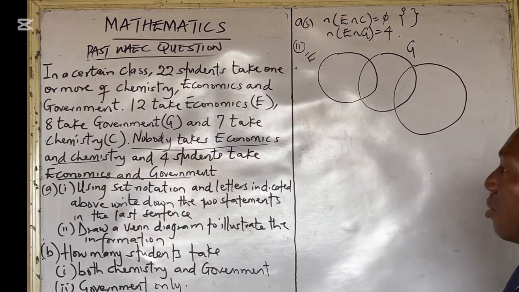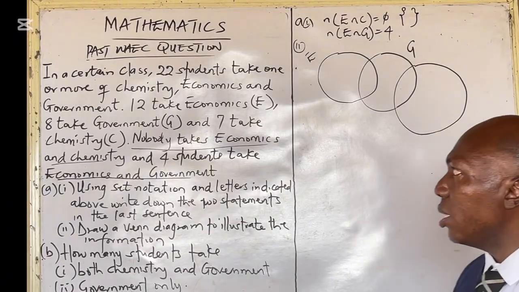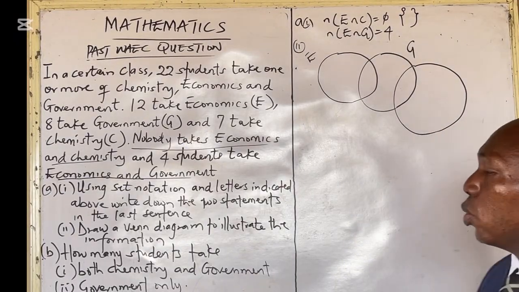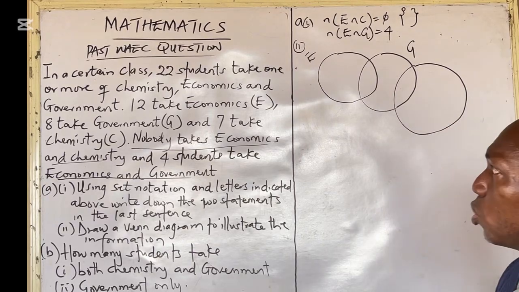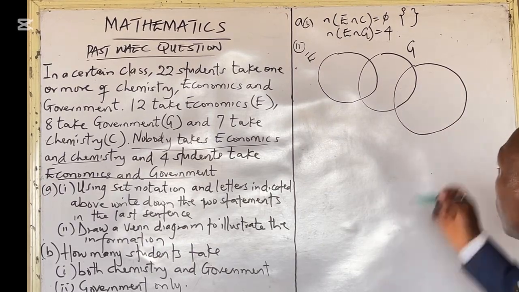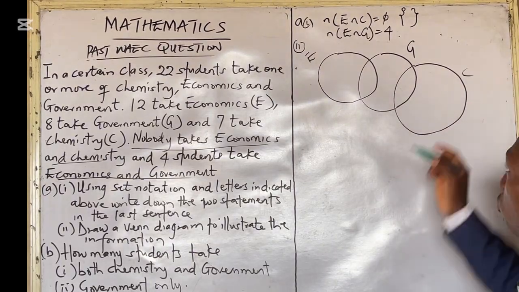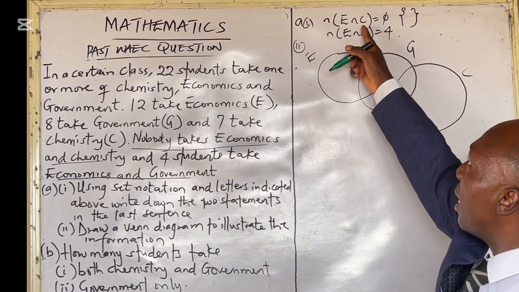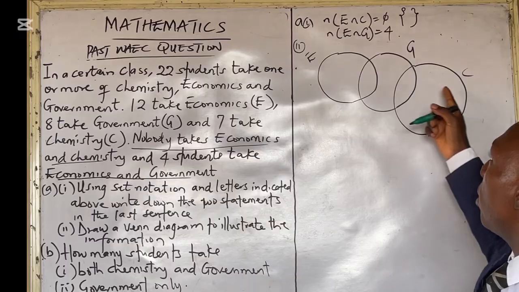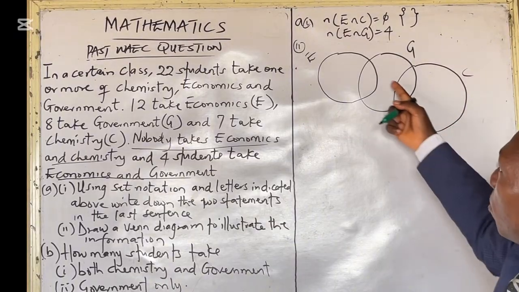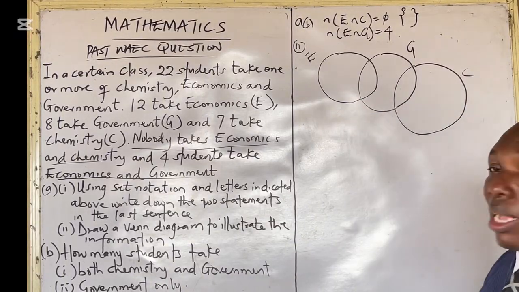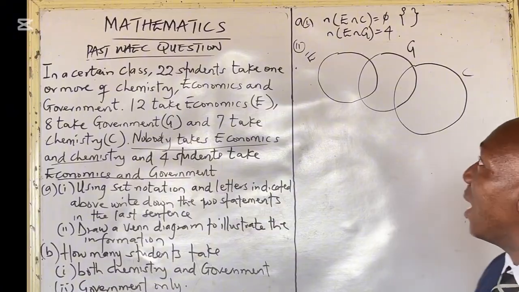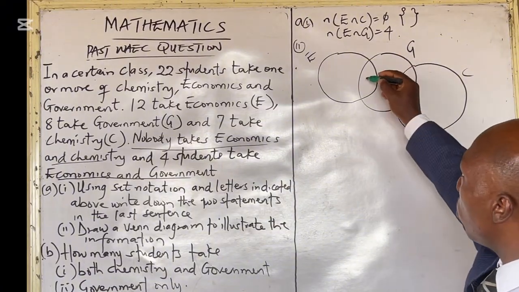Let's label it this way. So let's go back to the question to see how far we have come. Let's call this one chemistry. But we are told that economics and chemistry have nothing in common, that's why I'm not drawing a circle here. The number of economics and government is 4, so we put 4 here.